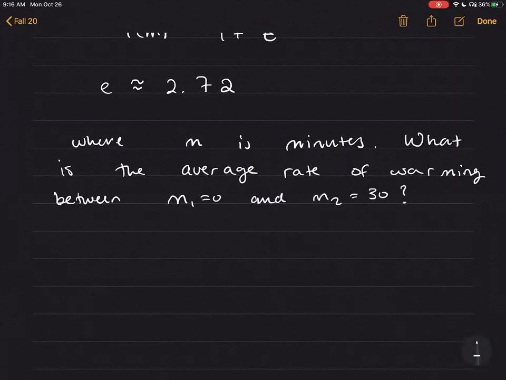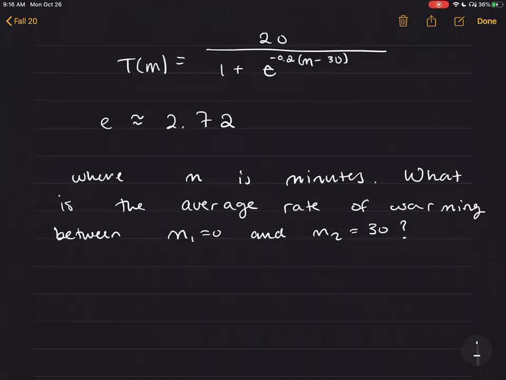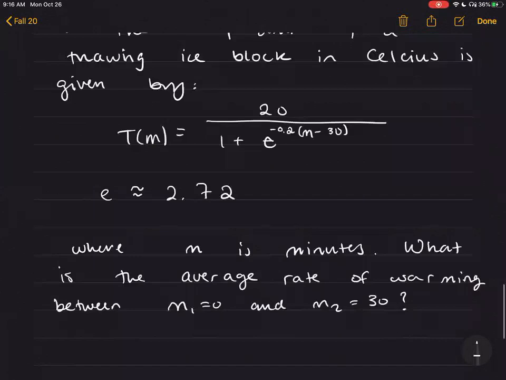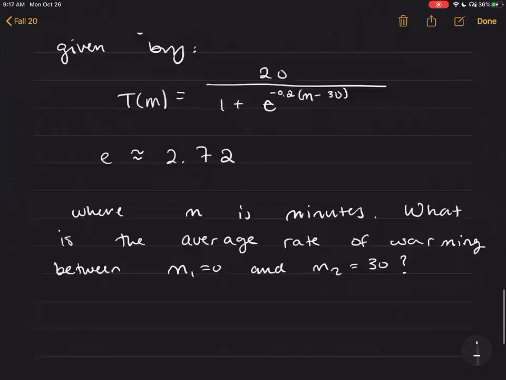So we want to know what the average rate of warming is between time 0 and after 30 minutes. And this is what average rate of change is exactly useful for. So we can talk about how warm this ice block is getting over time on average, right?